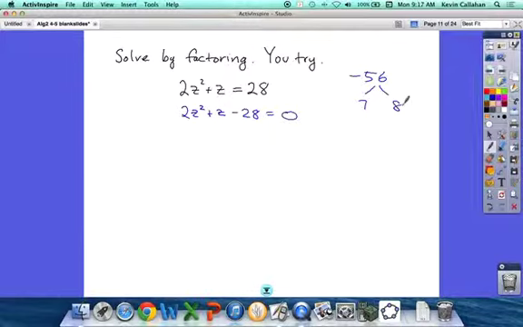The 7 is the negative because it adds up to a positive number, right? You got to know 7 times 8 is 56, right? All this stuff is going to be impossible if you can't figure that out like in about half a second, right? So what do we do with those numbers? 2z squared minus 7z plus 8z minus 28.